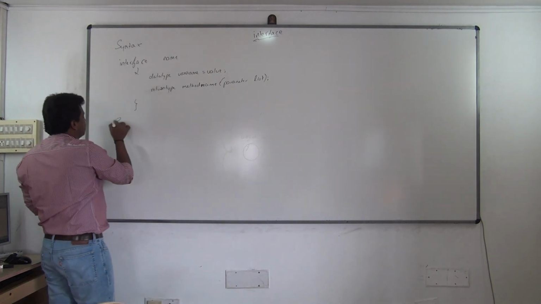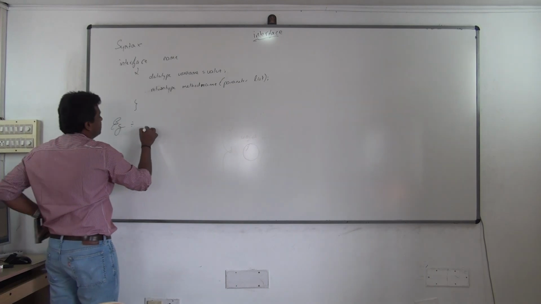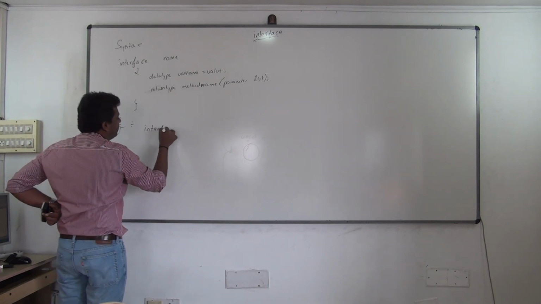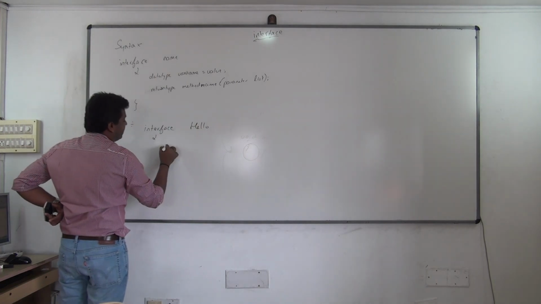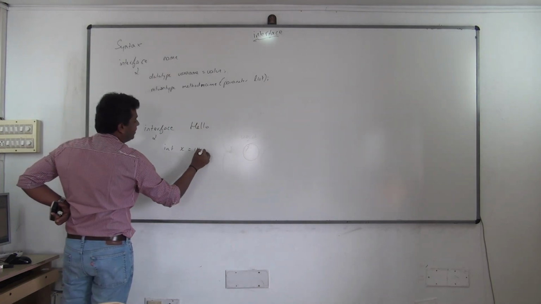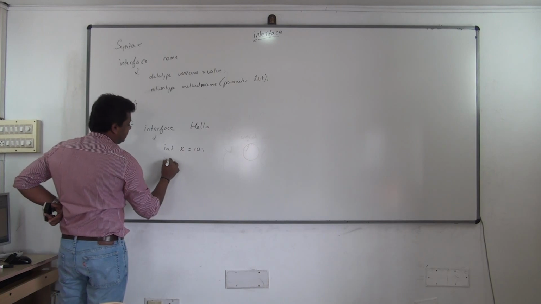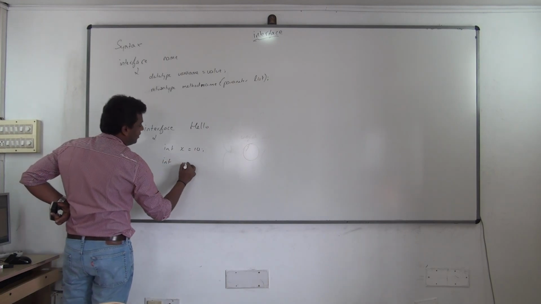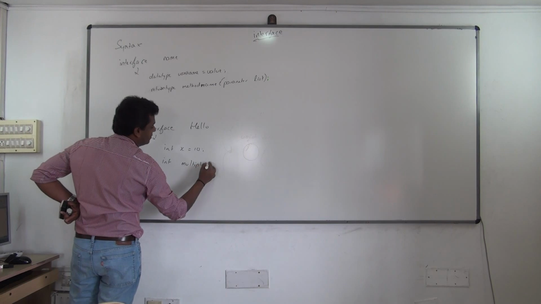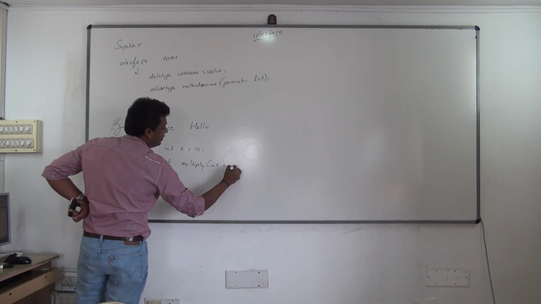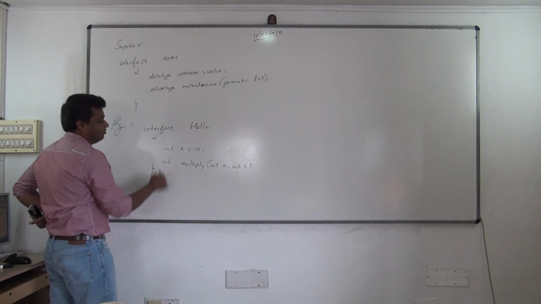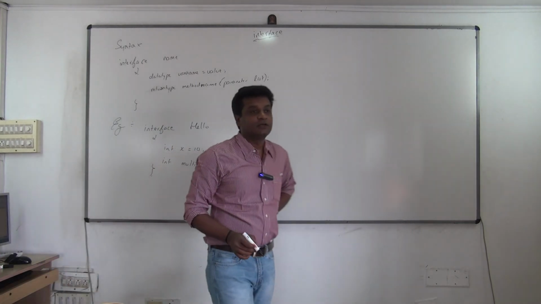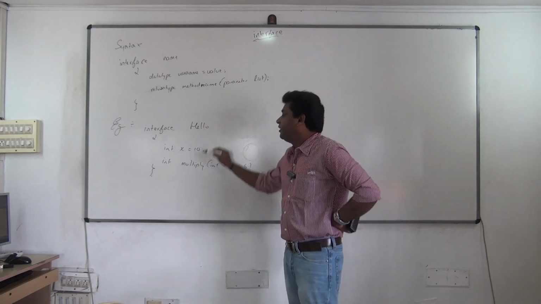Okay, so this is the syntax. An example would be: interface, with a name called hello. Then I can write int x is equal to 10, and int multiply(int a, int b). So this is the example. Understood? This is how you write an interface.